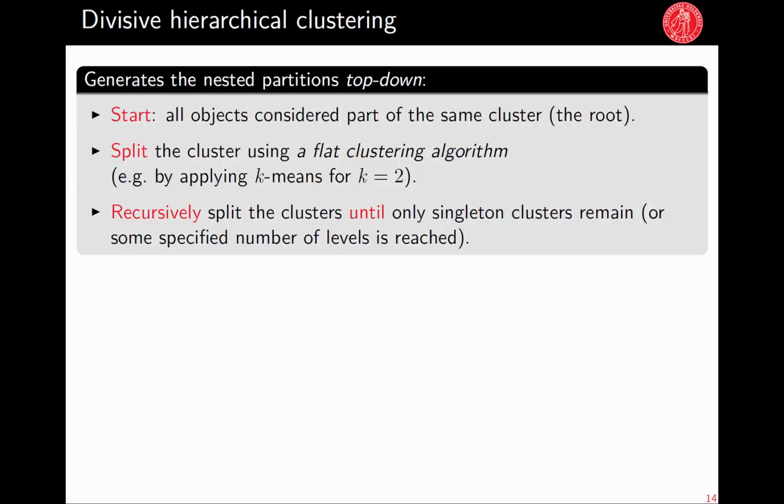We could apply that once, we get 2 clusters, and then we apply k-means with k equals 2 again for each of those clusters, and so on, and keep on applying k-means until we've split all the different groups down to the individual objects. Okay, so a very different way of defining that same structure.